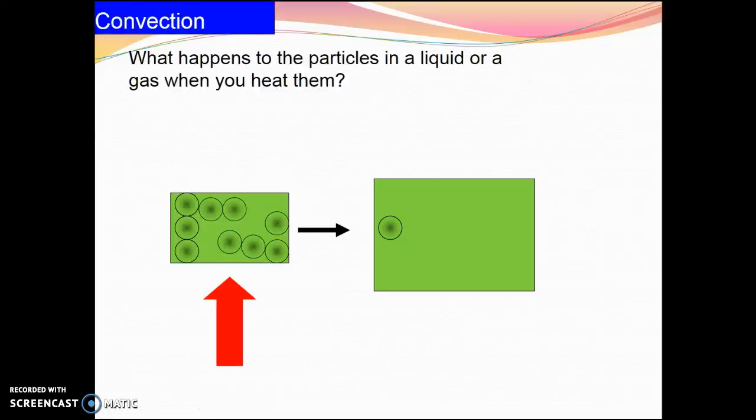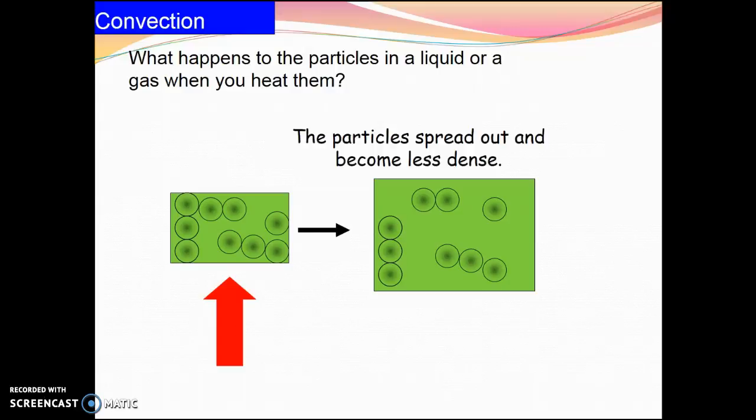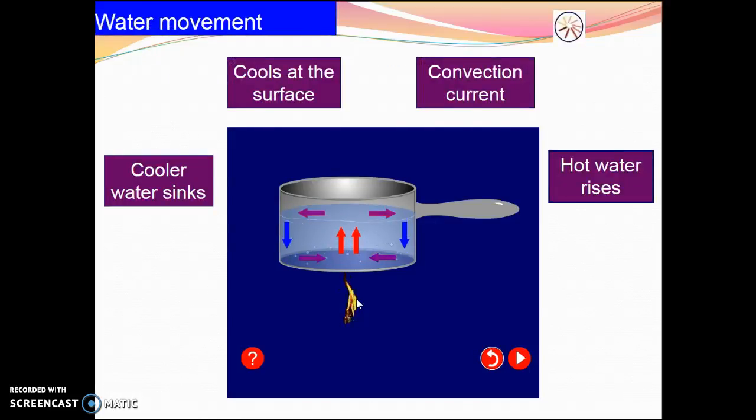So let's look at what happens to the particles of the liquid when you heat them. When you heat them up, we automatically know that they're going to start to separate and become farther apart. So the more you heat a liquid, that liquid's going to turn to a gas, which we learned earlier in the matter unit. So the particles become spread out, they're going to become less dense, and when they become less dense, they're going to rise. And so we continue that process over and over again.